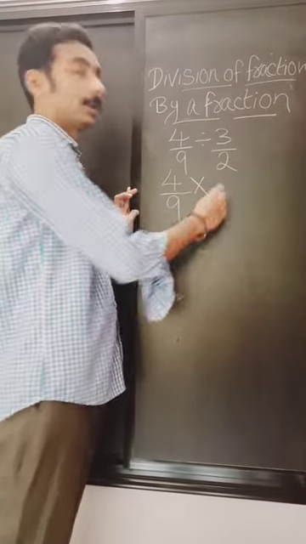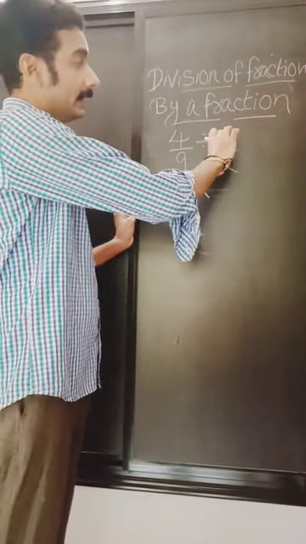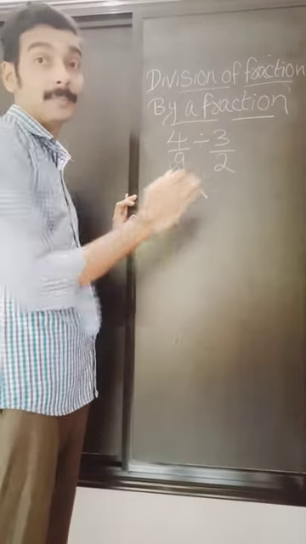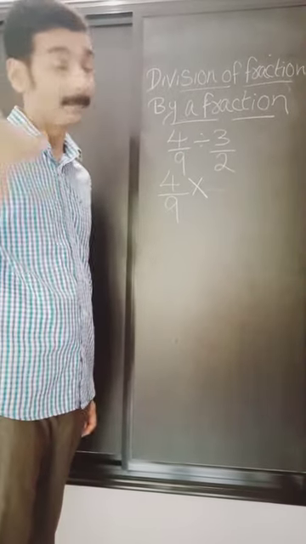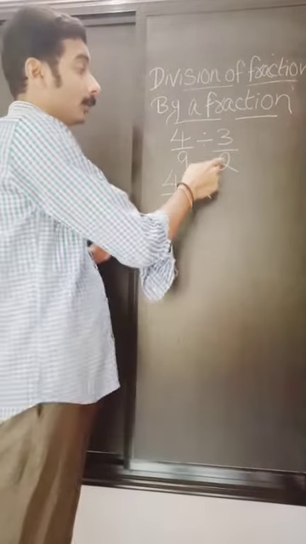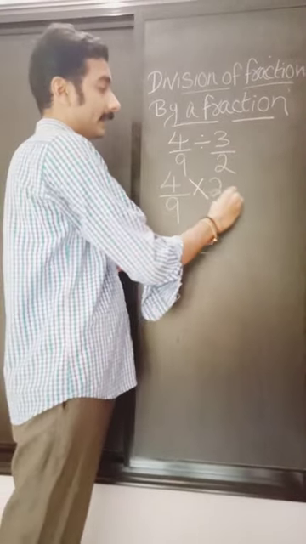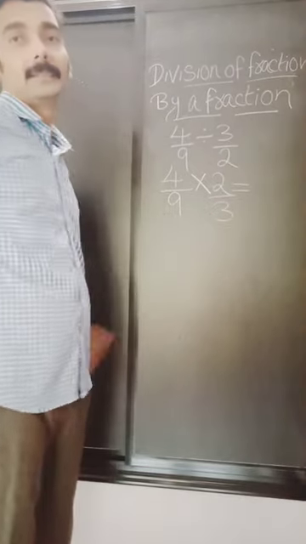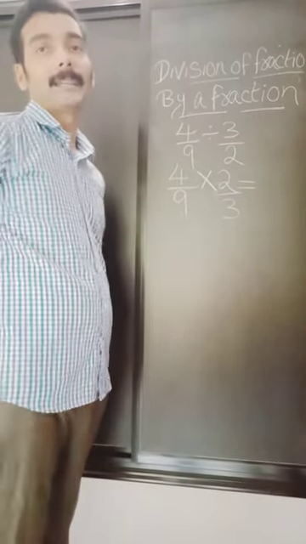That means into. Then we take the reciprocal of 3 by 2. The reciprocal of 3 by 2 is 2 by 3. Then we multiply.